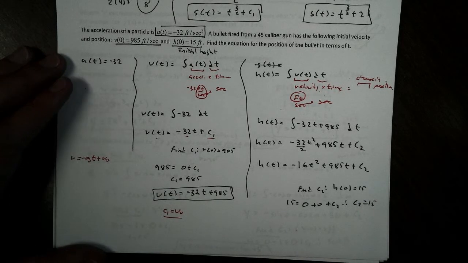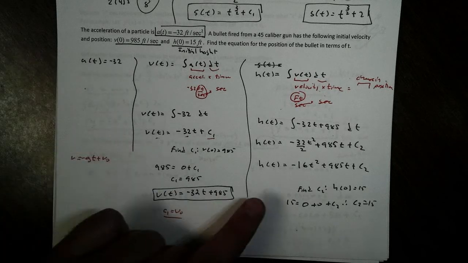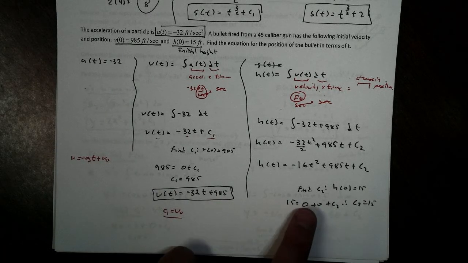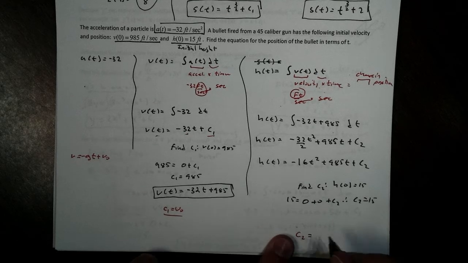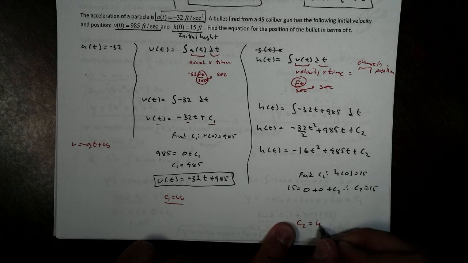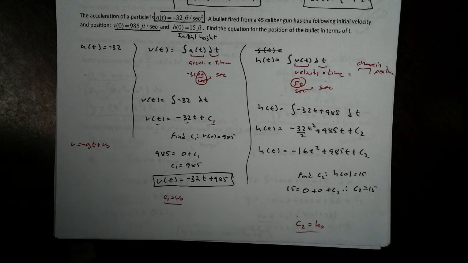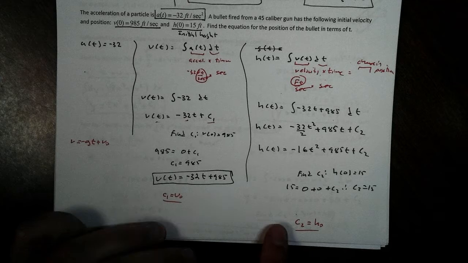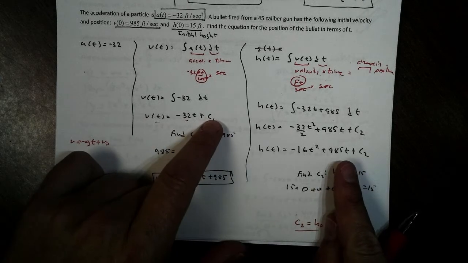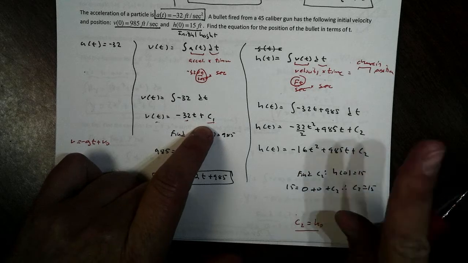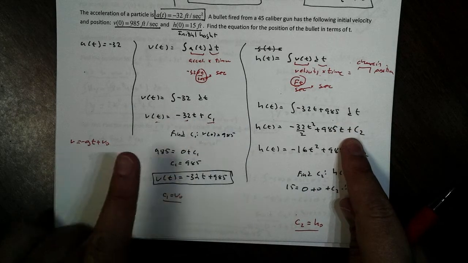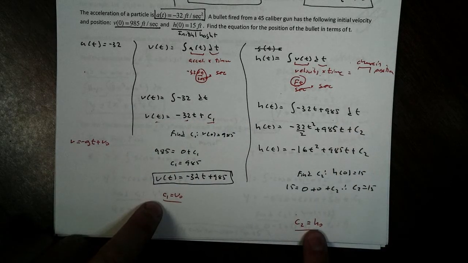And I know what you're all thinking. Mr. Wernell, that looks kind of familiar to me. If this is at time 0, that's my initial height. Exactly. c2 here is our initial height. It's h naught. Now, this is why we prefer c1 and c2 with the subscripts. Different constants get different subscripts because they mean something different for us in each case.